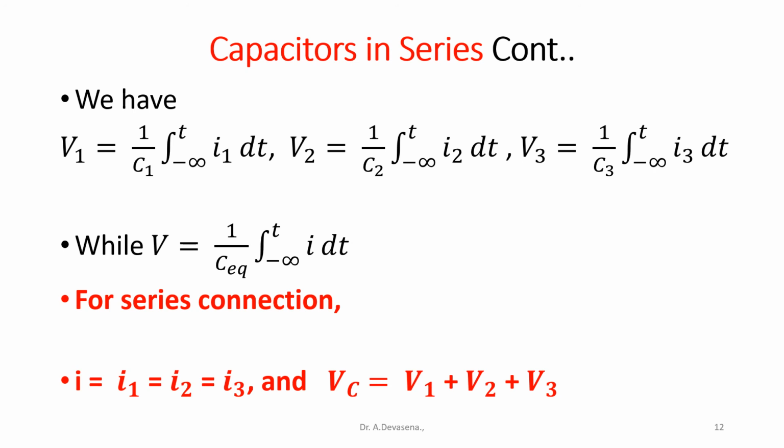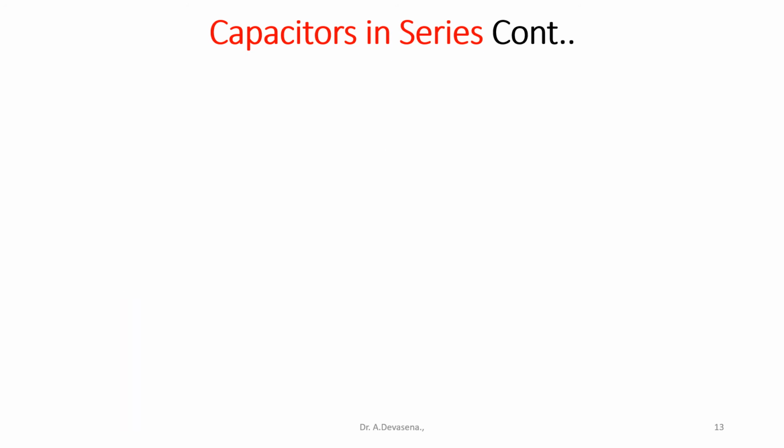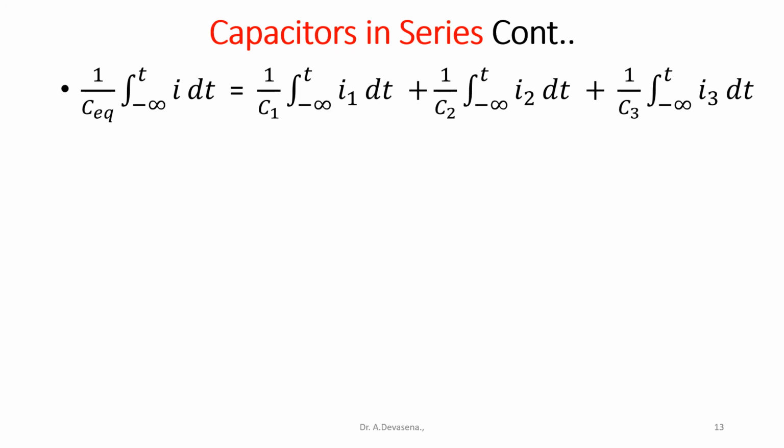That is V1 plus V2 plus V3. 1 by C equivalent integral of minus infinity to t I dt is equal to 1 by C1 integral of minus infinity to t I1 dt plus 1 by C2 integral of minus infinity to t I2 dt plus 1 by C3 integral of minus infinity to t I3 dt.